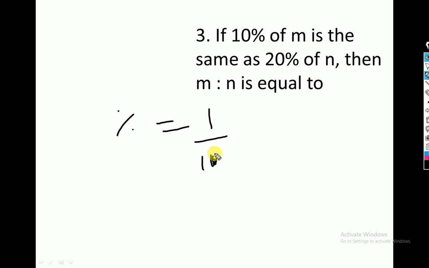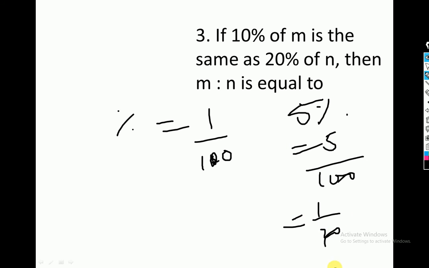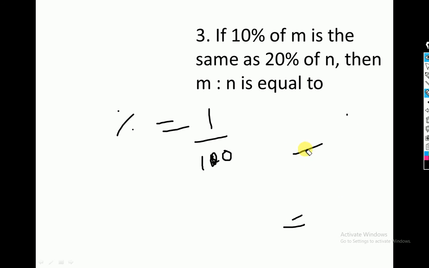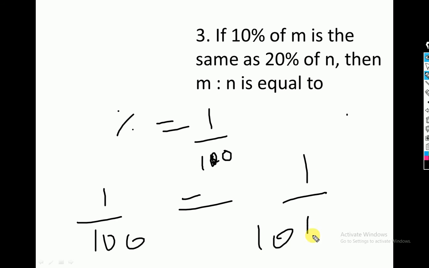For example, 5% means 5 by 100, which comes to 1 by 20. That's how fractional values come. If percentage is on both sides, there is 1 by 100 on the left hand side and 1 by 100 on the right hand side, so you can cancel 100 and 100. That's how you get 1 and 1.